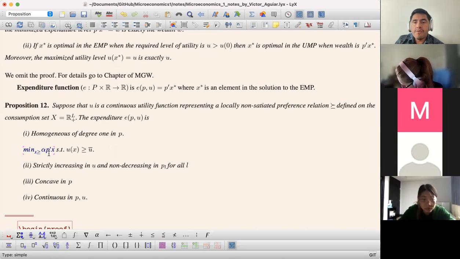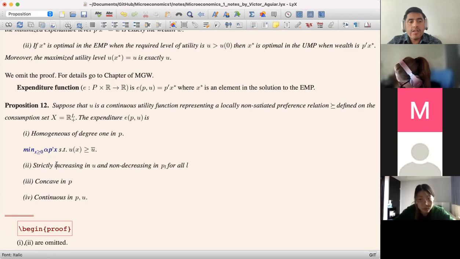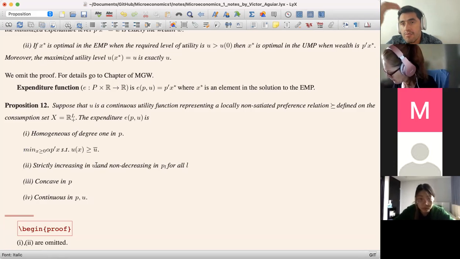And essentially you can see the proof here. You minimize the expenditure now with an alpha there, the solution will be also multiplied by the alpha. The expenditure function is strictly increasing in utility. Why? Because if your target utility is higher, what will happen with the expenditure required to fulfill that? It's gonna get bigger. Why is this? This is from the local non-satiation, right?